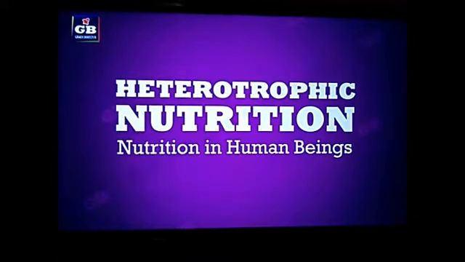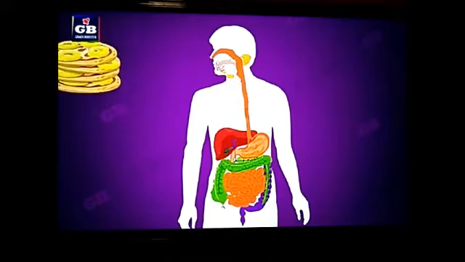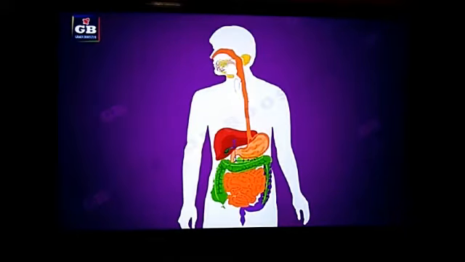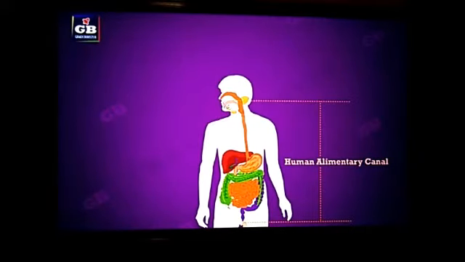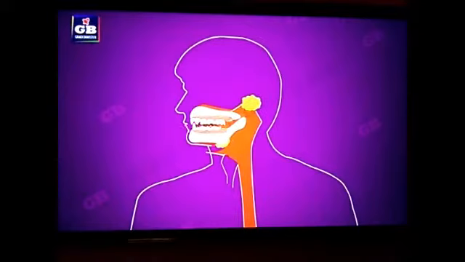Now let us see nutrition in human beings under the topic heterotrophic nutrition. Food enters our body through the mouth and travels through a long canal which ends at the anus. This canal is called the alimentary canal. In the mouth, the food is ground to a paste by teeth and saliva.